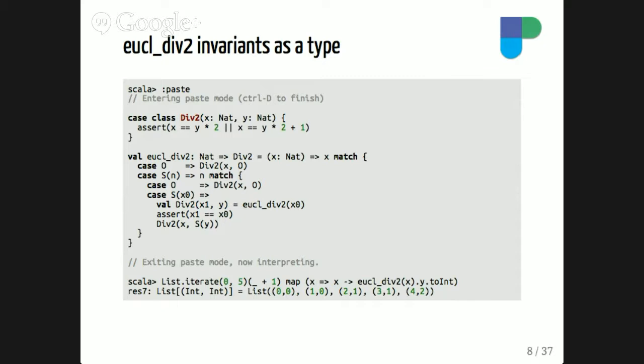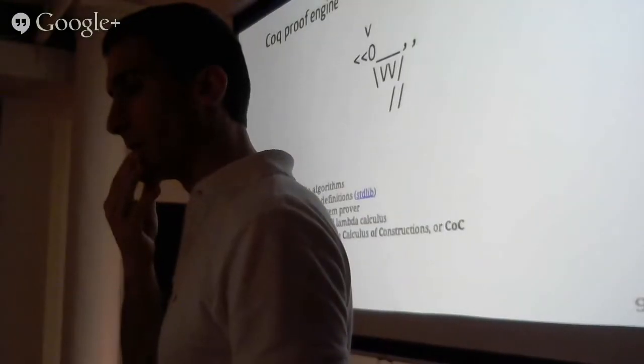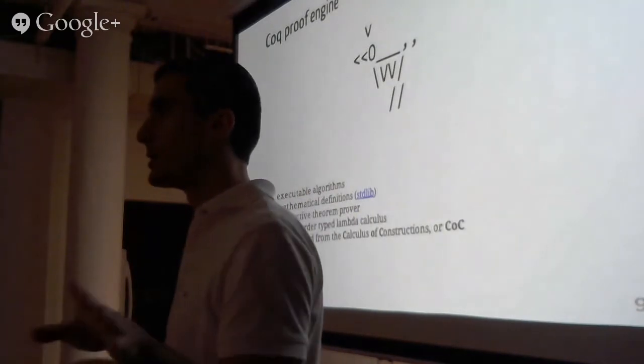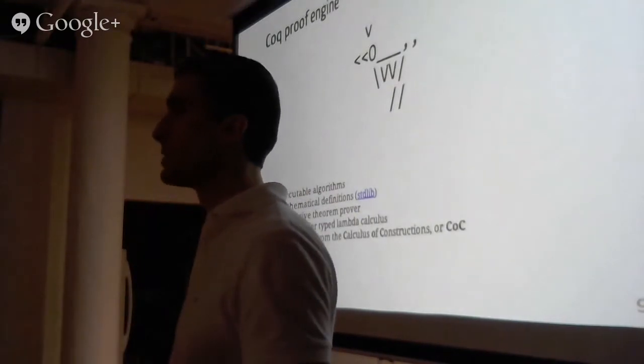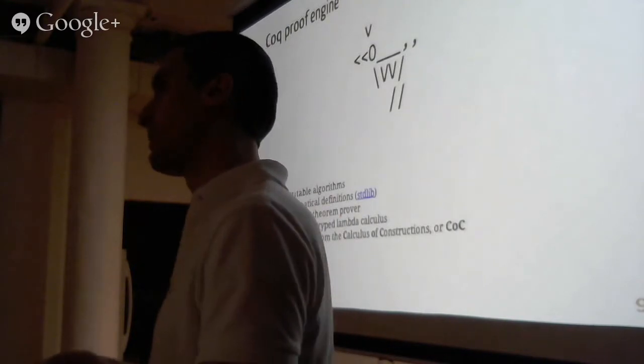So for the rest of the talk, I'm going to switch to the Coq proof engine. I don't know if you've ever heard about that, but it's a very, very interesting thing. It's based a lot on functional programming, but the type system is a lot more powerful. So you can actually have dependent types.